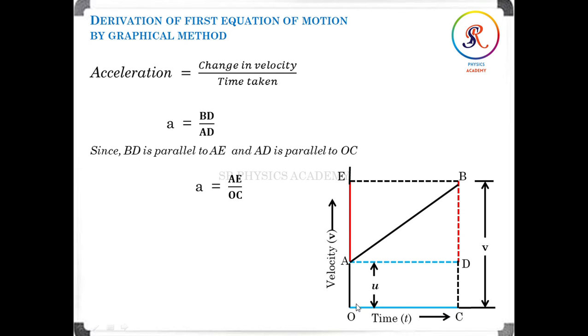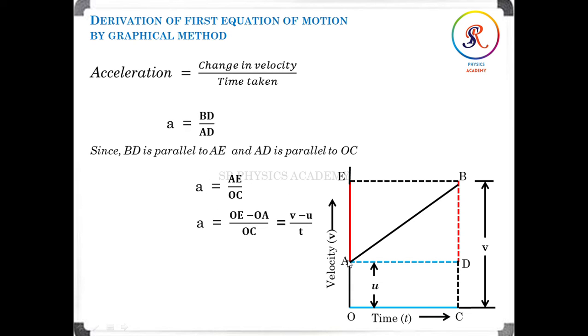Now in this graph, from O to A it is the initial velocity, U. And what is the final velocity? O to E, that is the final velocity V. So now we know the initial velocity and final velocity. Here it is AE. What is AE?